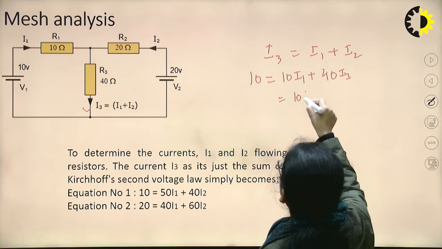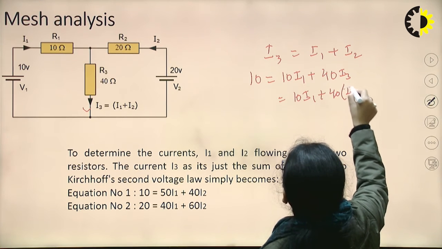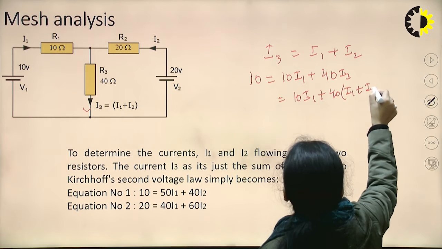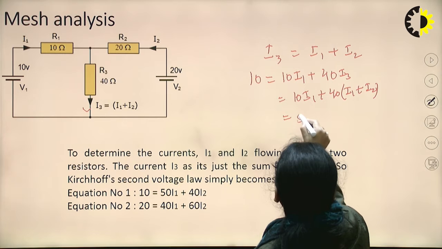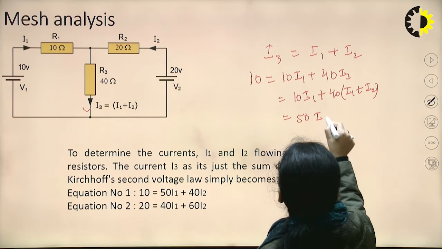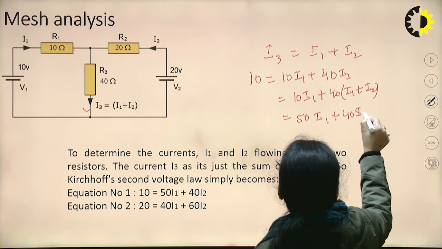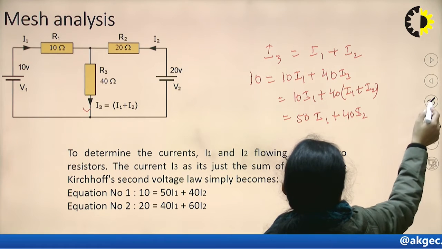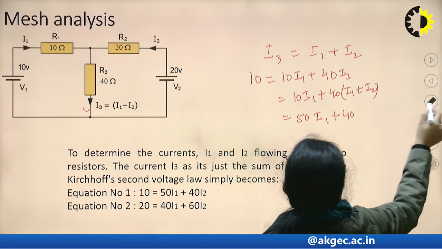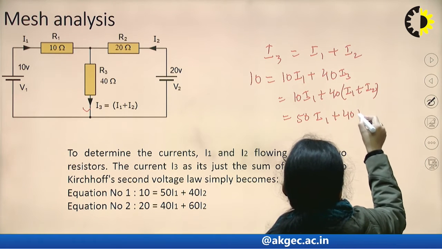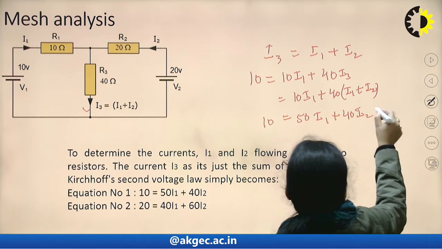That means 10 I1 plus 40 times (I1 plus I2), which gives 50 I1 plus 40 I2. So this is the first equation.